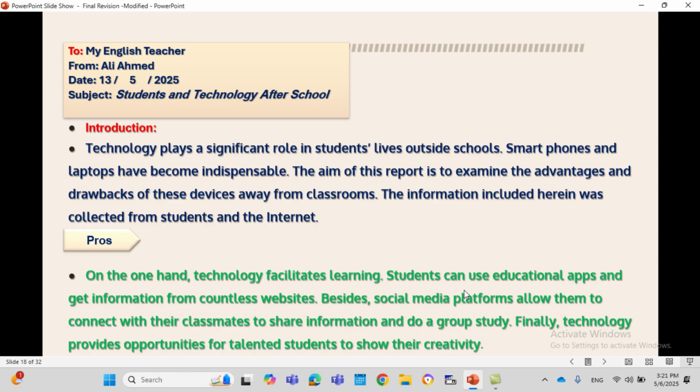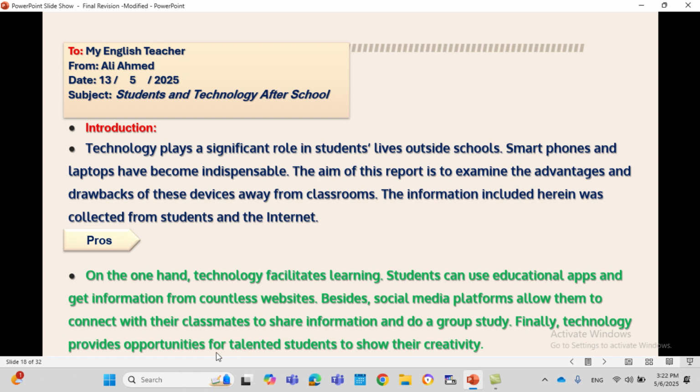As you know, students can use educational apps and get information from countless websites. Besides, social media platforms allow them to connect with their classmates to share information and do group study. This is the second benefit of using technology in study.